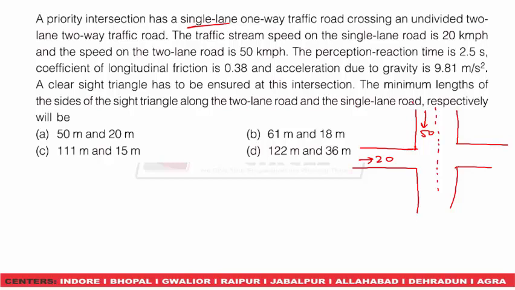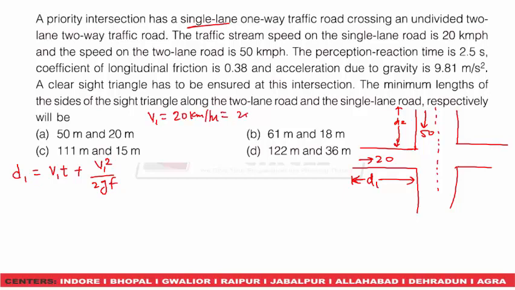So it is a direct question. Let this distance be D1, this distance be D2. The stopping sight distance for single lane D1 will be equal to the distance traveled during reaction time, V1t, plus distance traveled during braking, that is V square by 2gf. Now V1 is given to us 20 km per hour, so this will be equal to 20 into 5 by 18 meter per second.